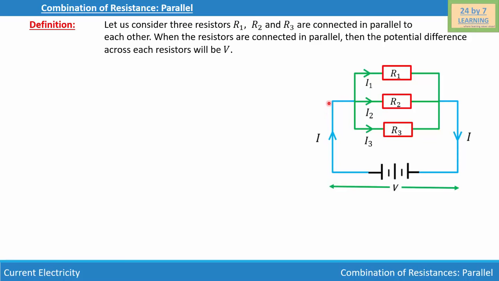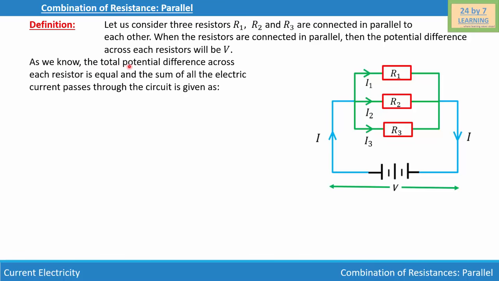through the battery. Now, as you can see, R1, R2 and R3 are three resistors connected in parallel, and let the currents I1, I2 and I3 pass through the resistances respectively.